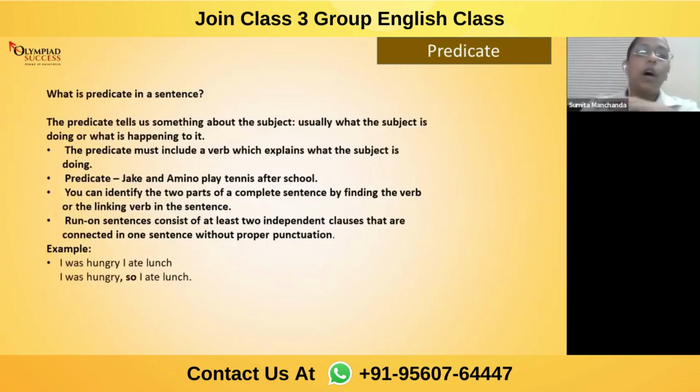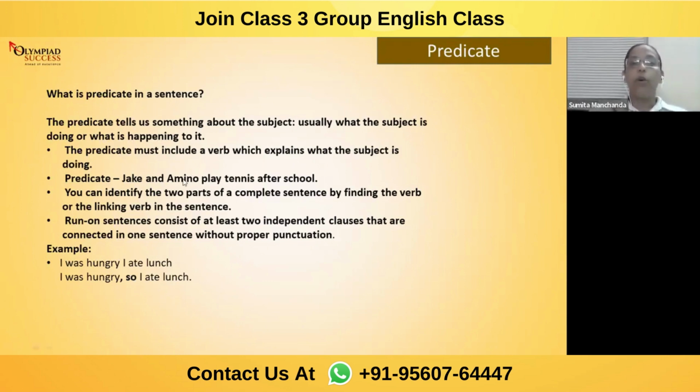Okay, understood. Now predicate. The predicate tells us something about the subject. When I was telling you about the subject, you remember I was continuously saying, about whom is this particular sentence? So we are talking about the subject. Now, the predicate tells us something about the subject. For example, see the predicate example.